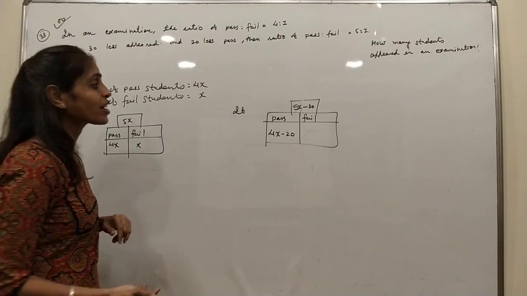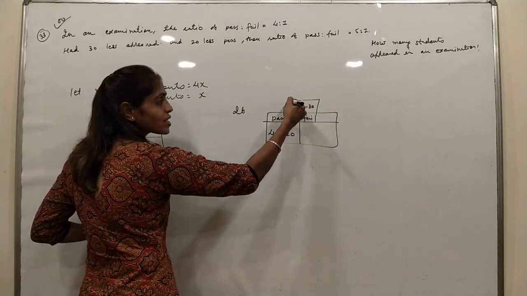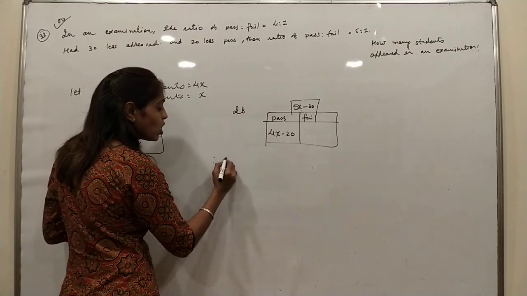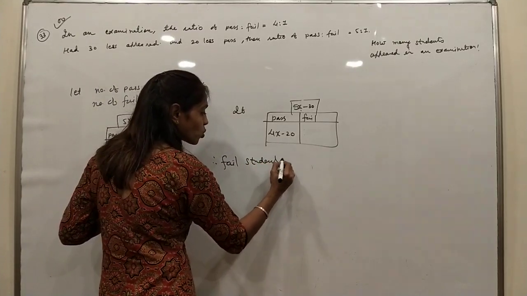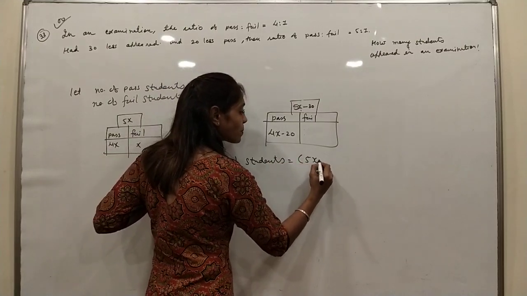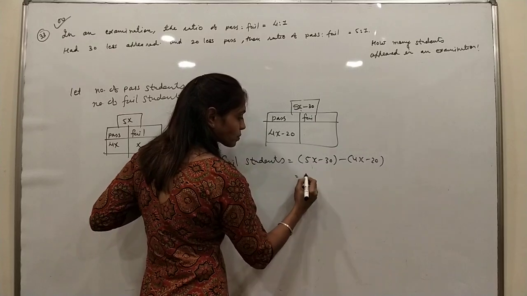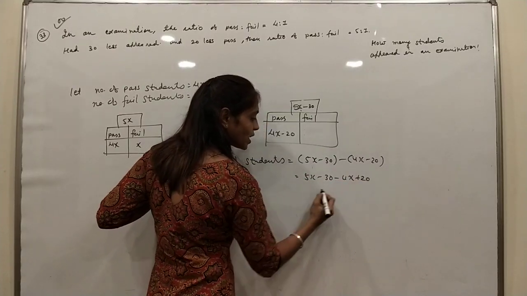Now pass to fail ratio, but I have only pass, not fail. So the total number of students is 5x minus 30, out of which pass students are 4x minus 20. So fail students are 5x minus 30 minus 4x plus 20.